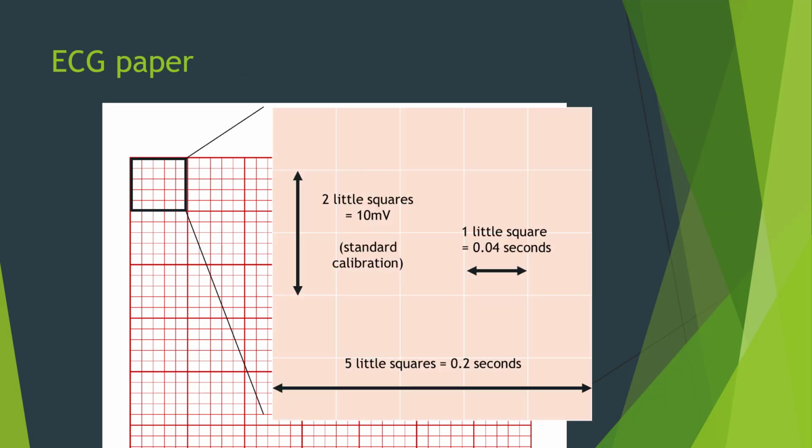And on the horizontal axis, each big square is going to represent 0.2 of a second. So 5 of these big squares will be 1 second. There are 5 smaller squares within the large one. So it stands to reason that they are going to be 1/5 of 0.2 of a second. In other words, each little square will be 0.04 seconds long.